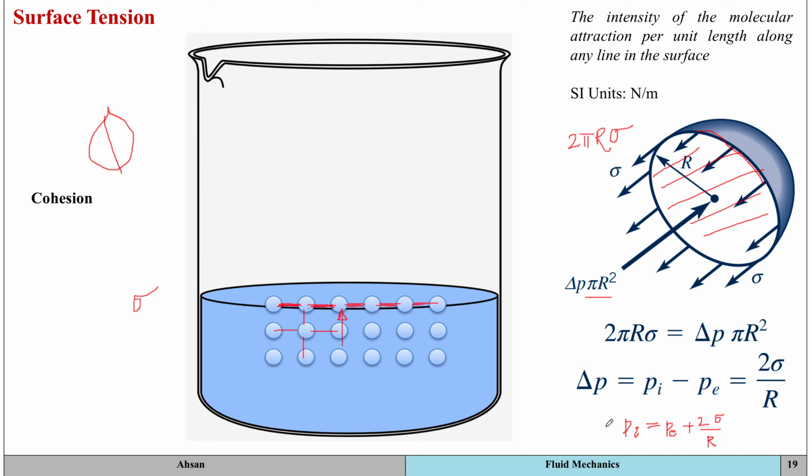So the pressure inside the drop is greater than the pressure surrounding the drop. And because of that, this water droplet is going to take the form of a sphere.